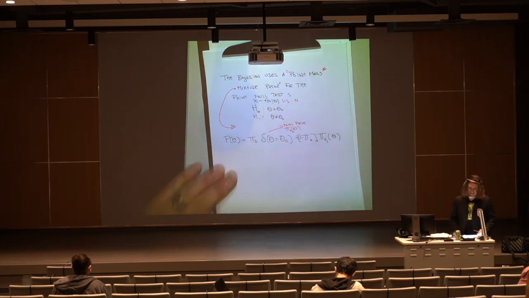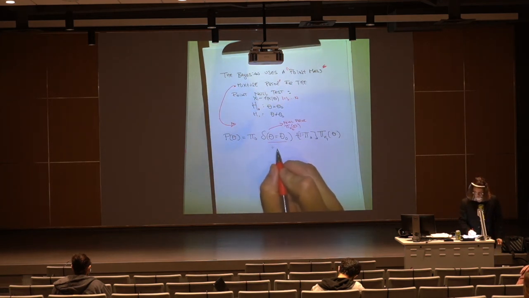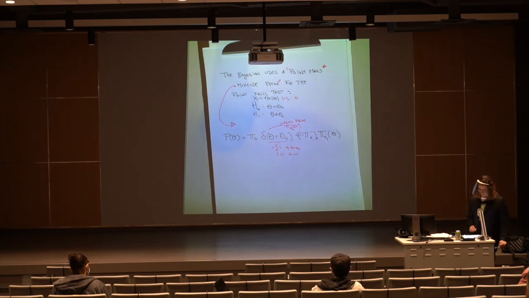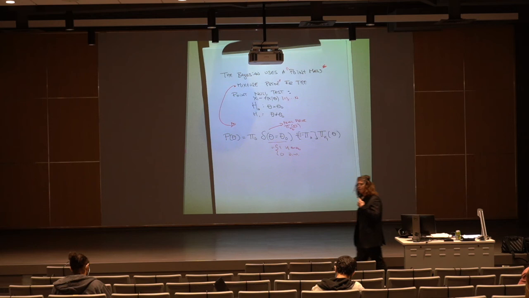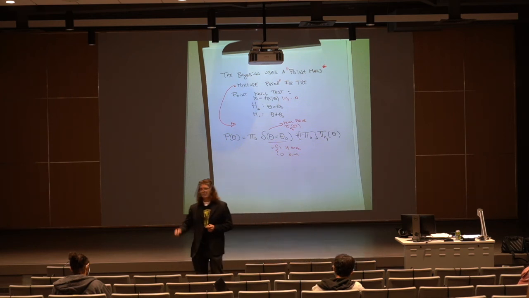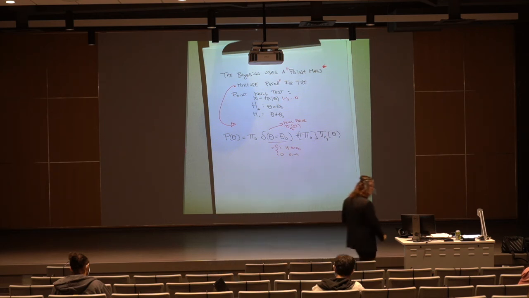I write this down: pi of H naught given theta. This delta function right here is just going to take on value 1 if theta is equal to theta naught, and 0 otherwise. And so it's a proper prior: if I integrate it over the whole continuum, but just constrict it to the null space, which is just that point, everything adds to 1.